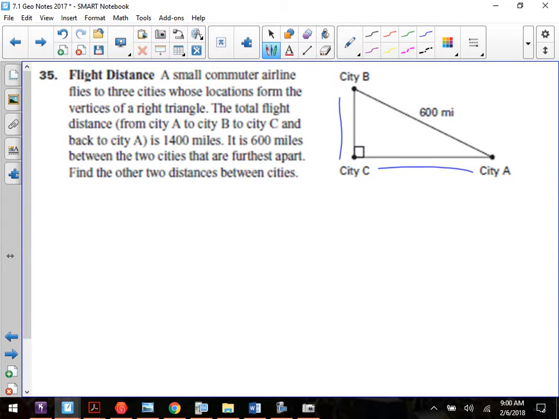So there's 800 miles left. We don't know how much is in either one of them, but what we can do is this. If I call this much x, how much of it is left then for that one?